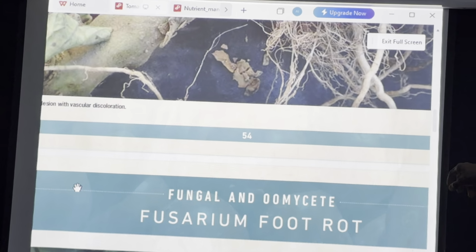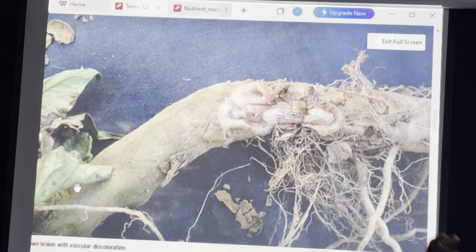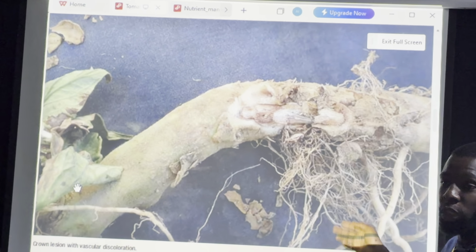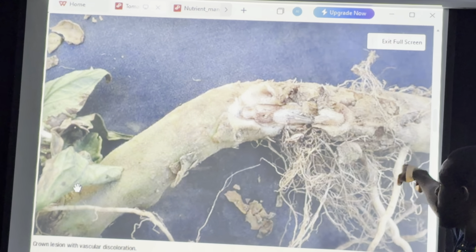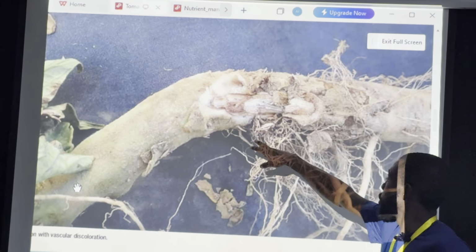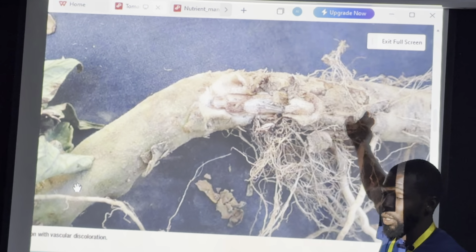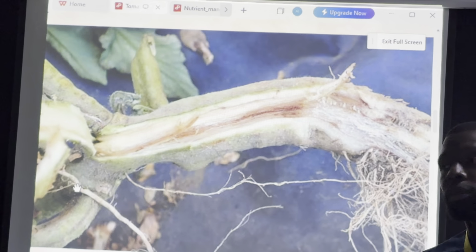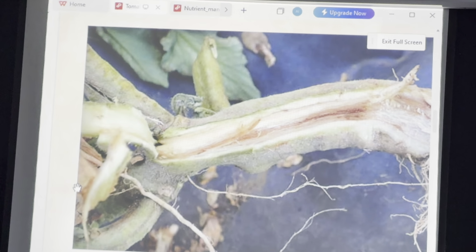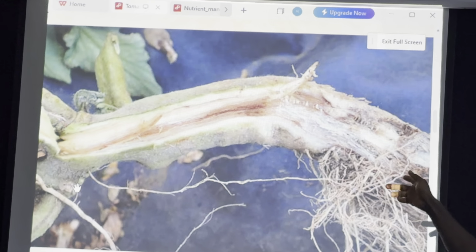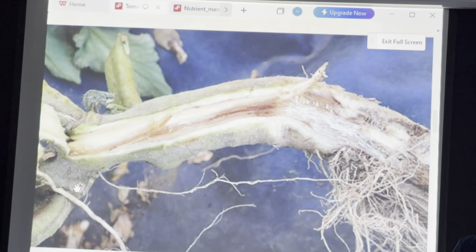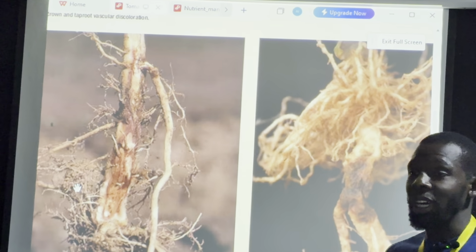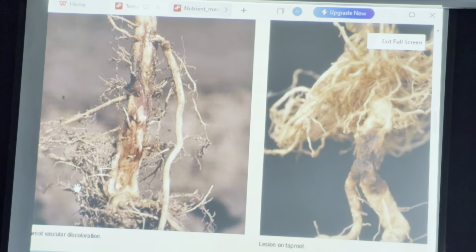Next. One of the major symptoms you can notice in any fungal disease is discoloration on your vascular stems and in the vascular root system. One of the problems with some of these diseases is that if you are not careful, they will have done the damage to your plants without you realizing it.